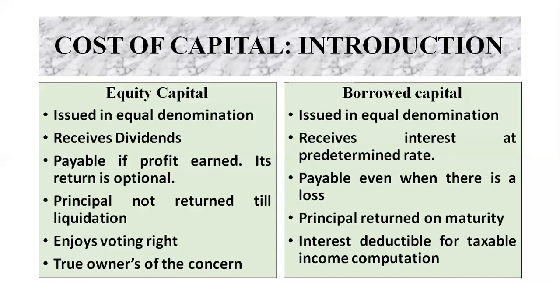Now, as he is the owner of the company, he will get the proportionate profit that the company has earned. Also, if there is a loss, he has to bear the proportion of the loss the company has suffered. So whatever profit share an equity shareholder will get is called dividend.